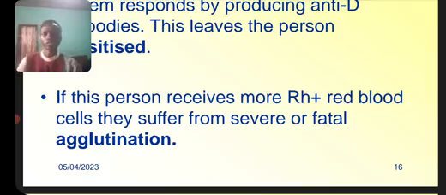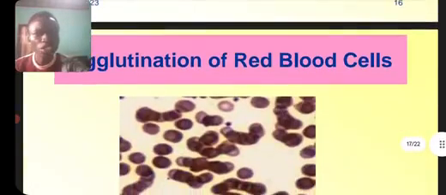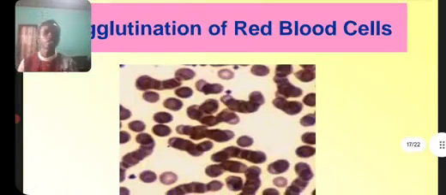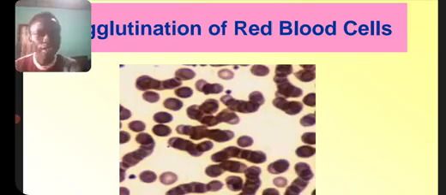What happens in agglutination is that the red blood cells are caused to clump together. All the red blood cells that have been transfused into this rhesus negative person will be forced to clump together, like you can see right there. You're seeing some red blood cells joining together, forming clumps or clusters. You get what I'm saying?